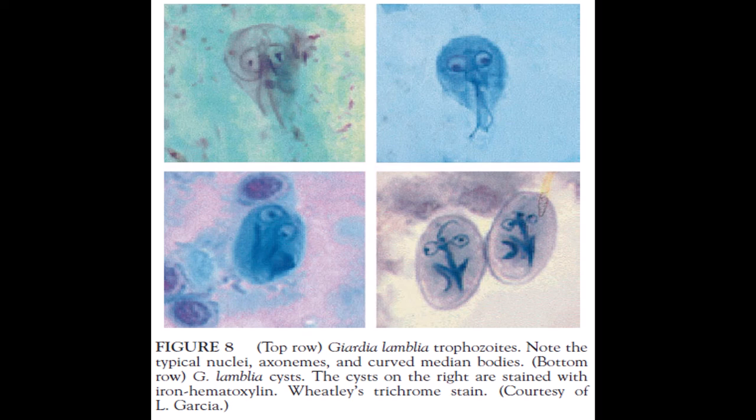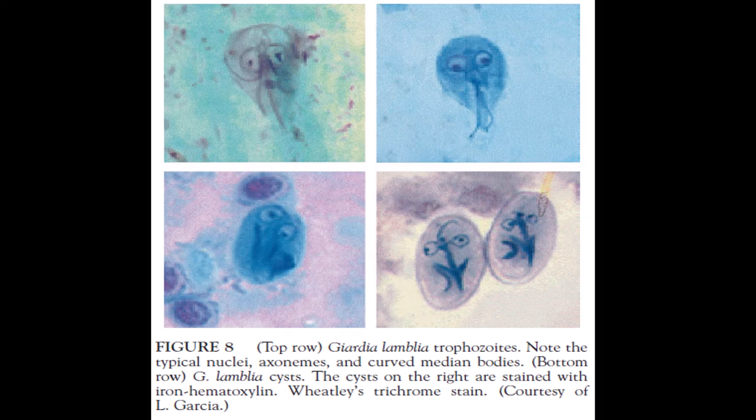Giardia is bound to the duodenum, usually blocks the absorptive surface villi, and is associated with severe watery diarrhea. And you can see the trophozoite form as well as the cyst stage. The cyst stage is the infectious stage in giardiasis, the name of the disease.